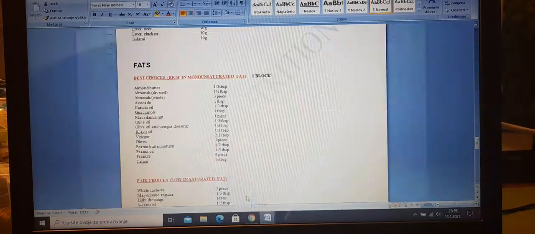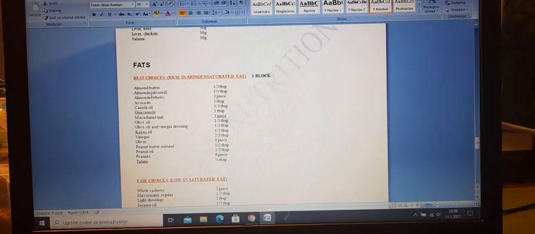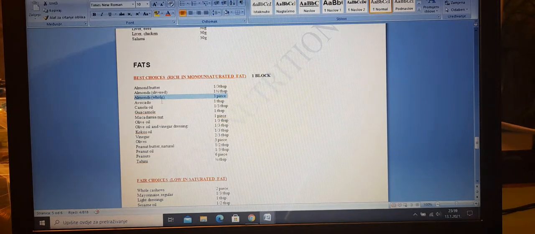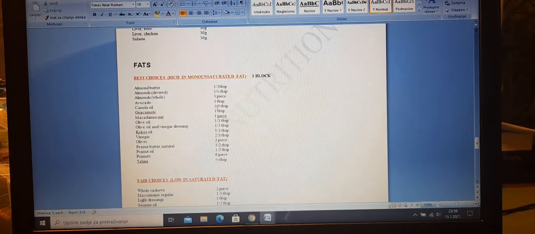One more time, you can take all the blocks from one food. Here, for example, I take all the blocks from the almonds, 4 blocks at 3 pieces each, 12 almonds. Also I could take the blocks from 4 different kinds of foods.